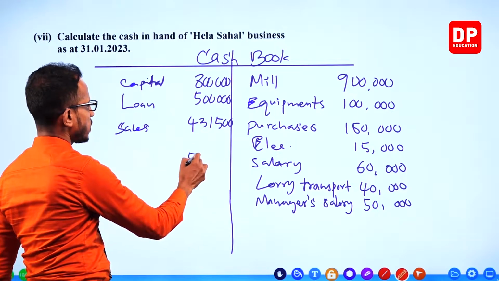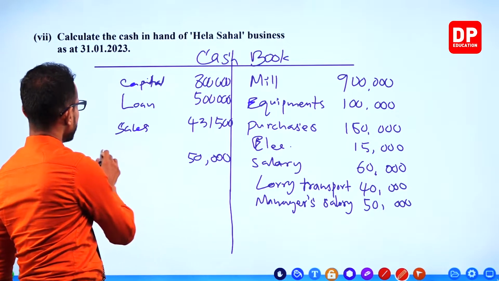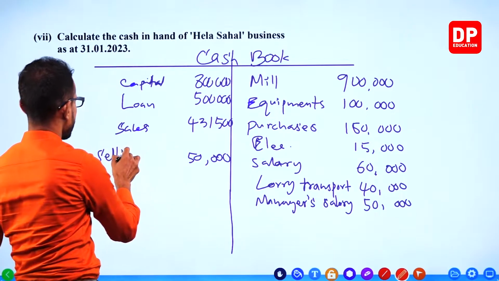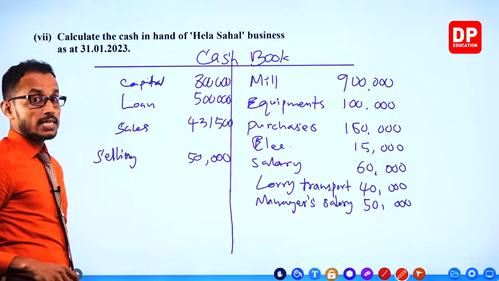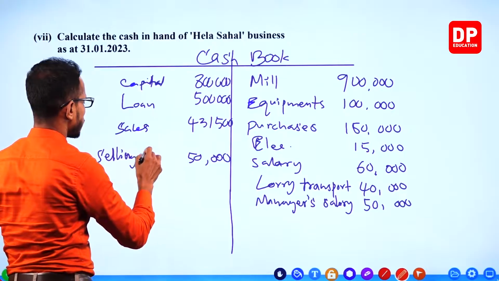Then there's another 50,000 I noticed here: selling husks.